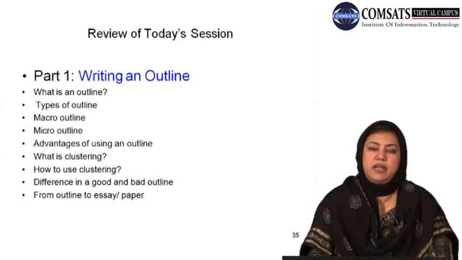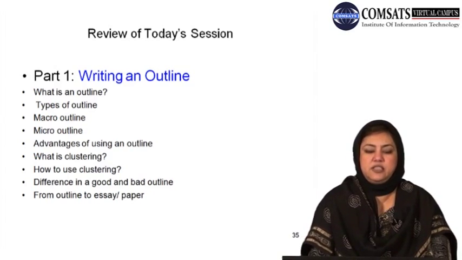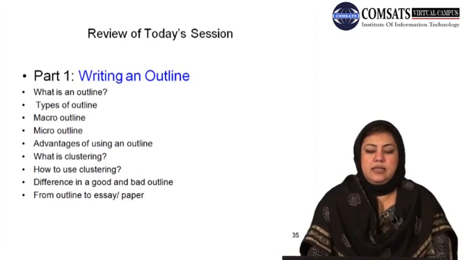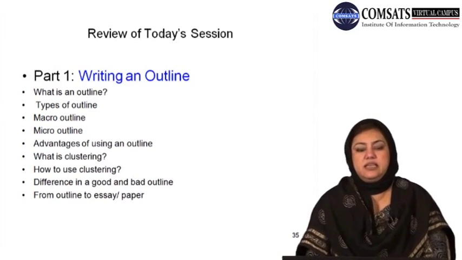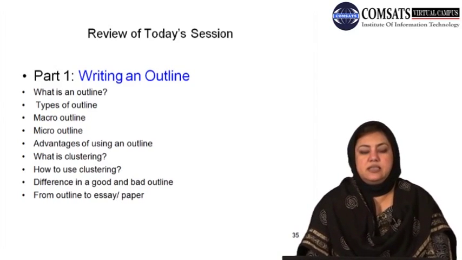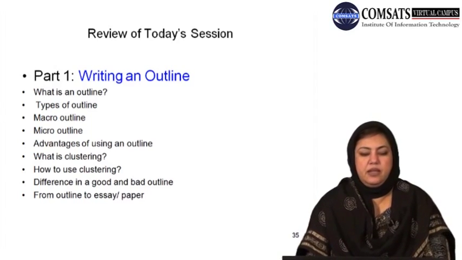Mainly macro and micro types of outlines were talked about. I also shared with you how these types of outlines are also called topic outlines and sentence outlines respectively. Then I showed you some samples of these kinds of outlines, and I shared how a system or an order is created in writing them.